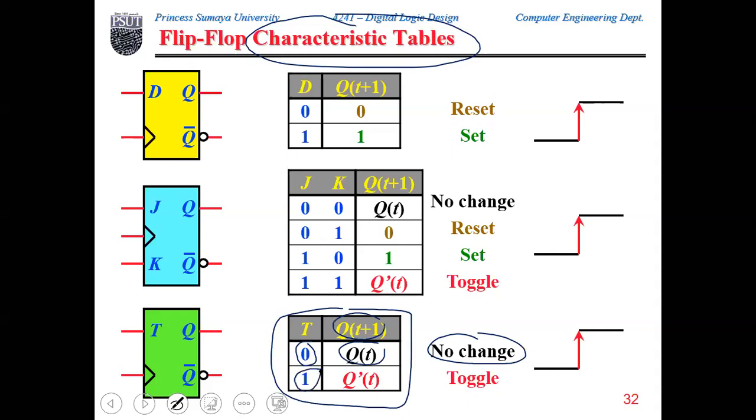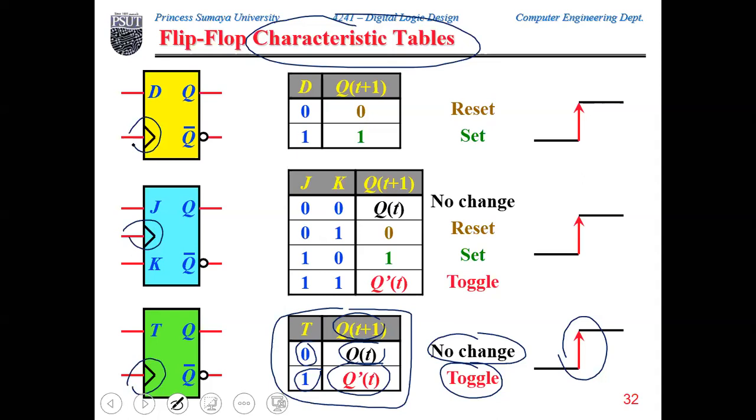When T is 1, the new value is the complement of the old value, which is a toggle operation. And this is only allowed at the rising edge because these are positive edge triggered flip-flops.